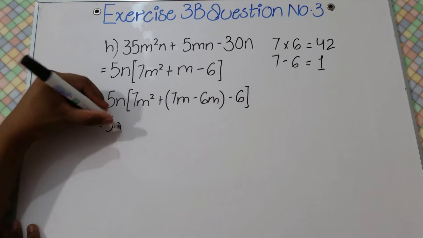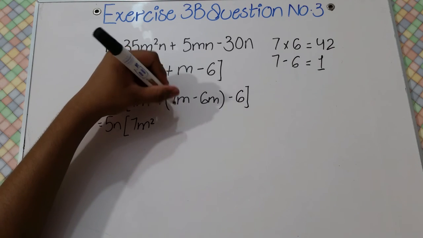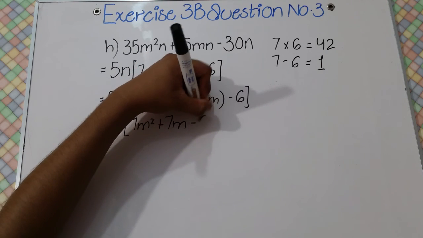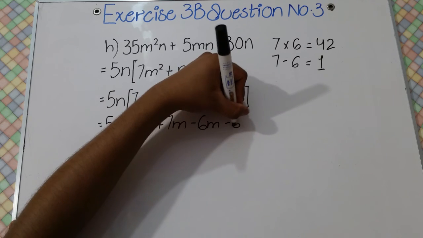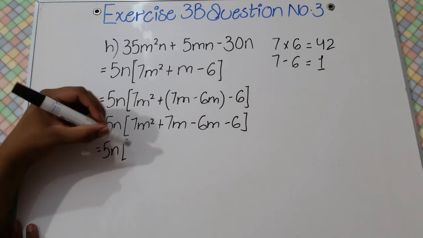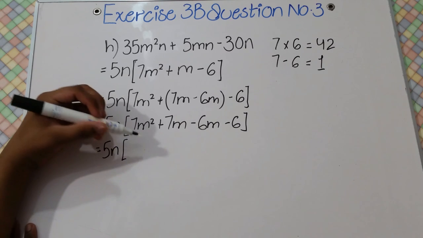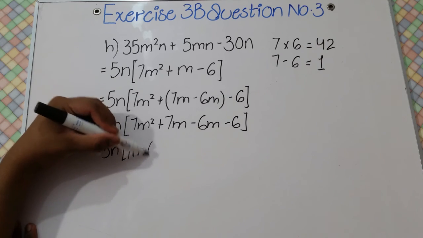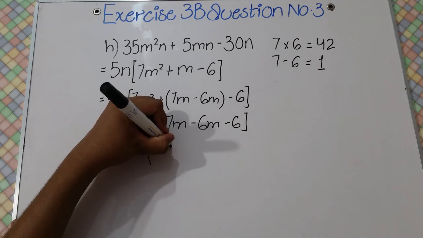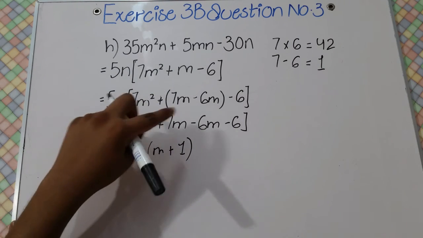Now 5n bracket 7m square plus 7m, plus minus is minus 6m minus 6. Now I'm going to make the brackets. 5n, brackets. Over here m is common, so m, and 7 is also common, so if I write 7m multiplied by m, it is 7m square, and then plus 7m multiplied by 1, so it would be 7m.